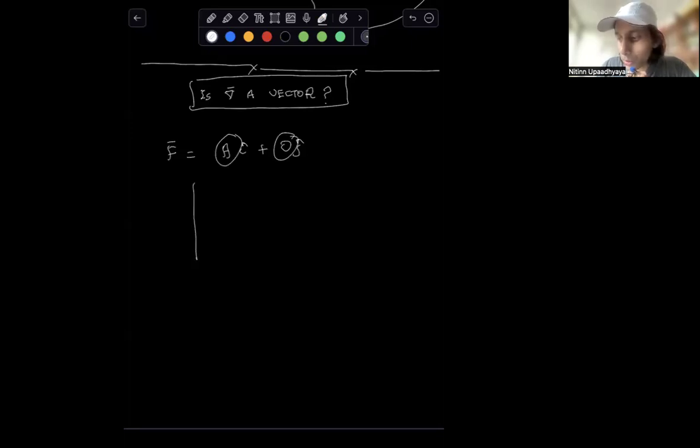Now, we could say that, okay, let's go to the Cartesian coordinate system. We have the x-axis and the y-axis, and I'm going to plot the number of apples along the x-axis and the number of oranges along the y-axis.